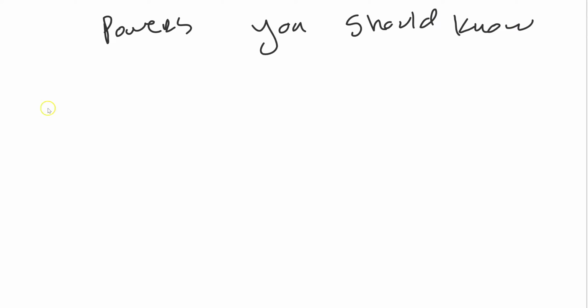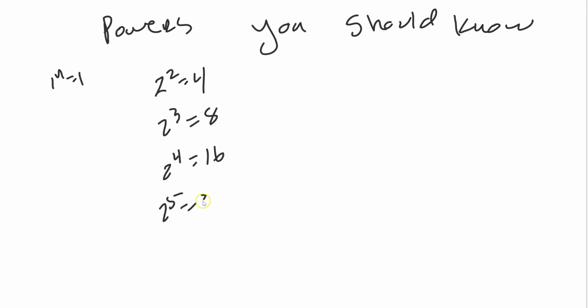We get to the point where we should know some powers of certain values. 1 to any power is 1, that's not a big deal. 2 squared is 4, 2 cubed is 8, 2 to the 4th is 16, 2 to the 5th is 32, and 2 to the 6th is 64. Those are the ones you should have memorized. You can go 2 to the 7th if you want, which is 128, but the ones used a lot go up to the 6th.